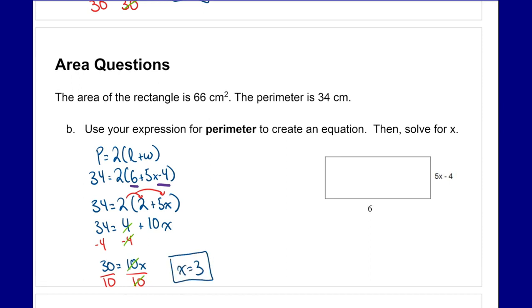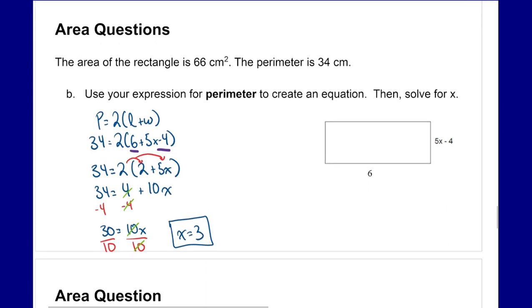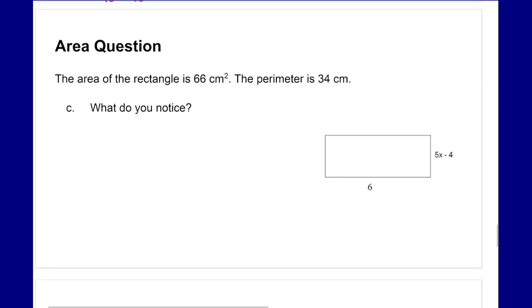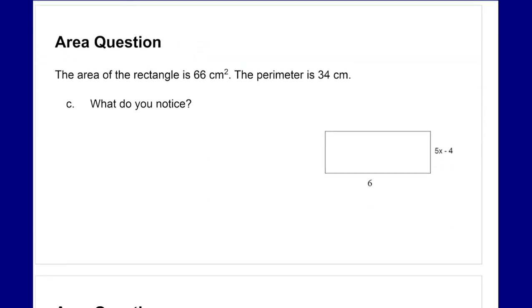So does that make sense? What do you notice? Well, what we should notice when working through that is that both equations gave x equals 3.